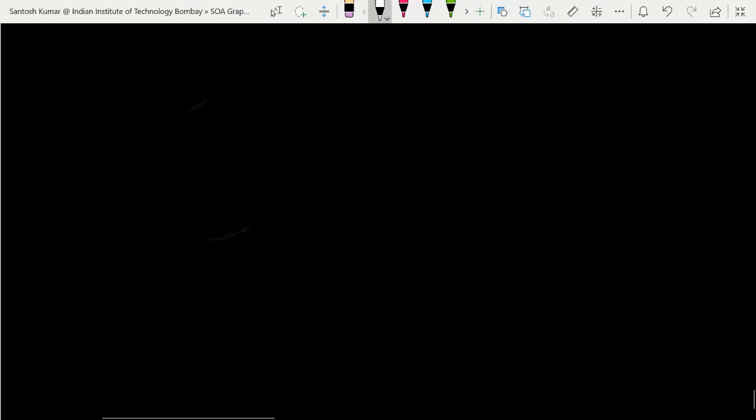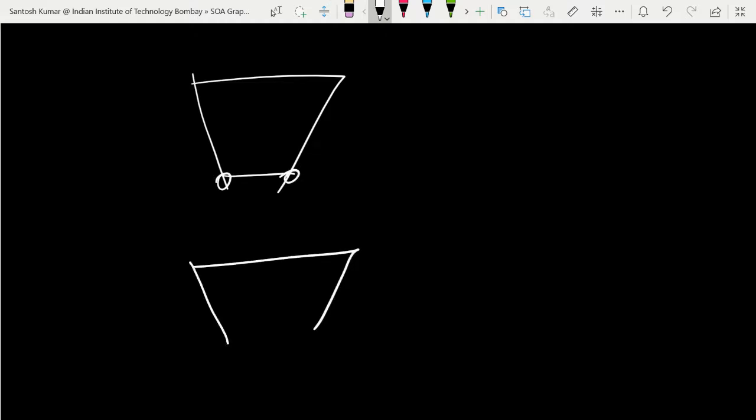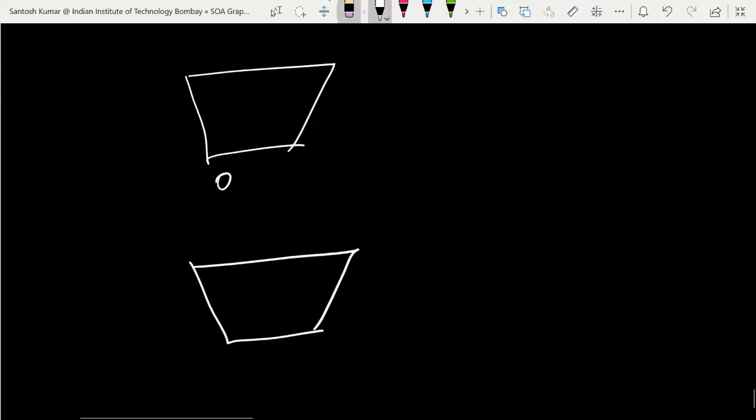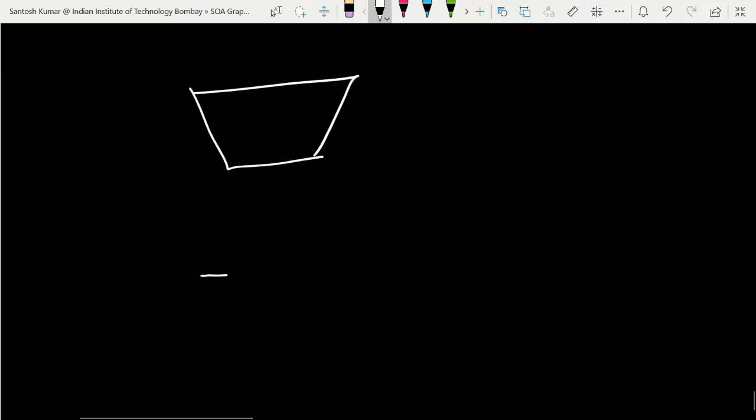This is not a very good figure, so I will try to make one more. This will be better like this. Okay, so you understood actually what I want to solve.